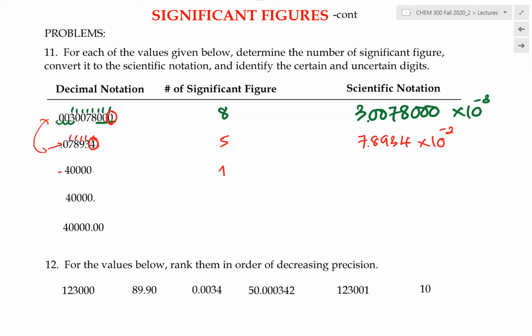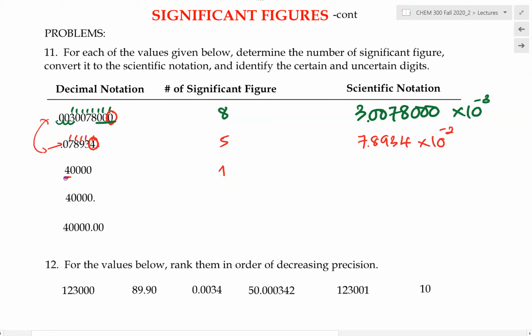Okay, and so some textbooks might call this ambiguous, but then they don't determine how many significant figures it has. However, if we were to count significant figures, it would be 1. Okay, so don't just say ambiguous, but make sure you state how many significant figures it has. And I make this value right here 1 significant figure.